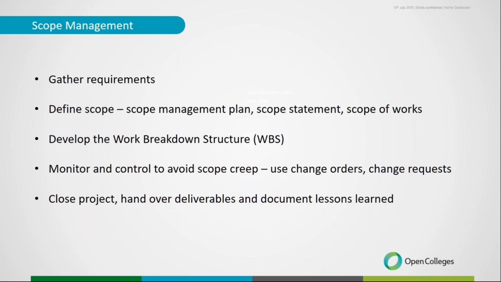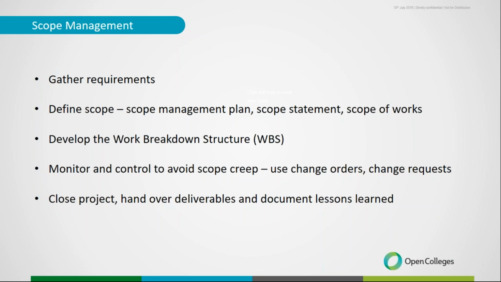From that definition, we can then develop up our work breakdown structure where we break down the project into all the different aspects of the job so that we make sure we're not missing any parts of what's required. And this is critical because it's from our work breakdown structure that we then develop our schedule, because for each part of the job we're able to estimate how long it's going to take, what resources we're going to need, how much it's going to cost, and then they filter through into all of our resource planning, developing our schedule, developing our budget.